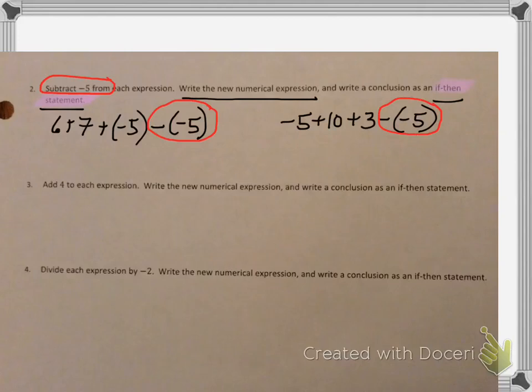Okay, but they said to subtract a negative, which, if you know, subtract a negative also means add a positive. Okay, remember that? Hopefully some of you got that. I'm sure some didn't, and I now understand. Okay, a little more practice we need.